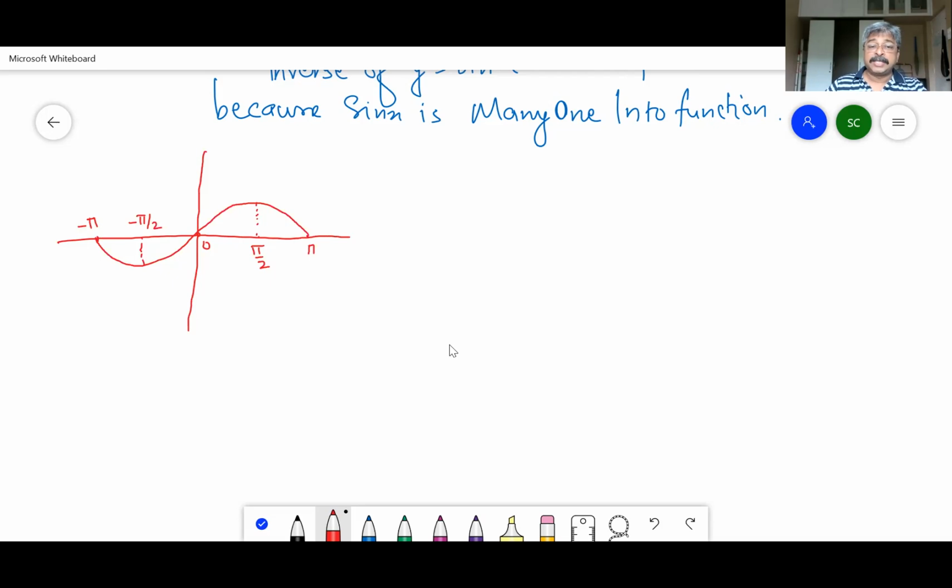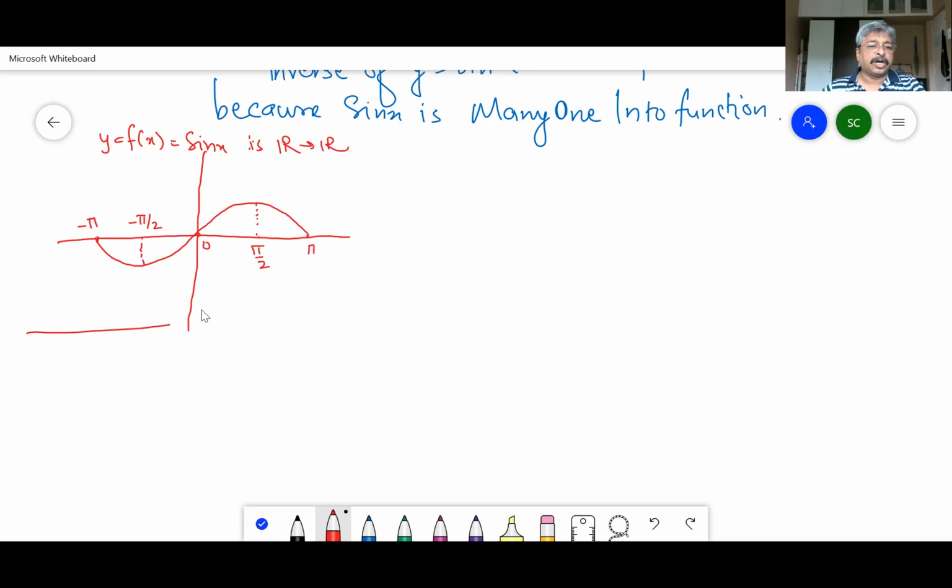So a decision is made. If you were given the responsibility of trimming the domain, presently y is equal to f of x is equal to sin x from R to R. That is what this is.